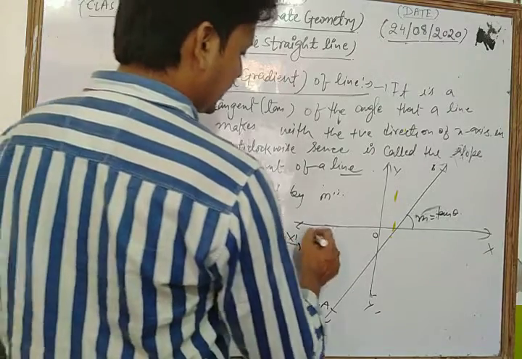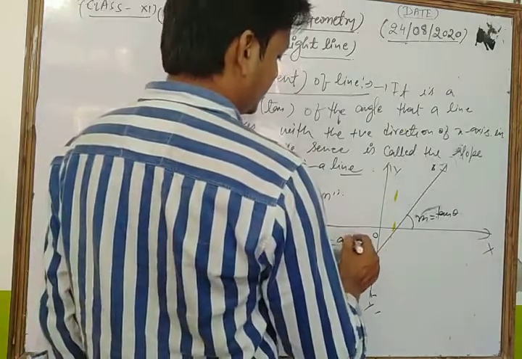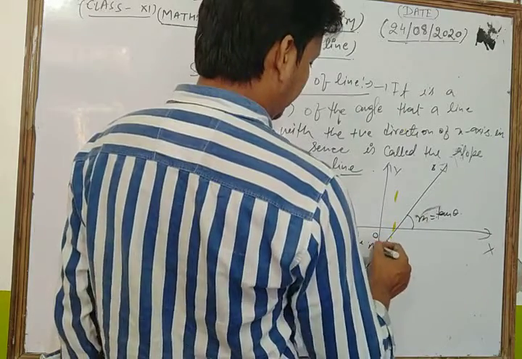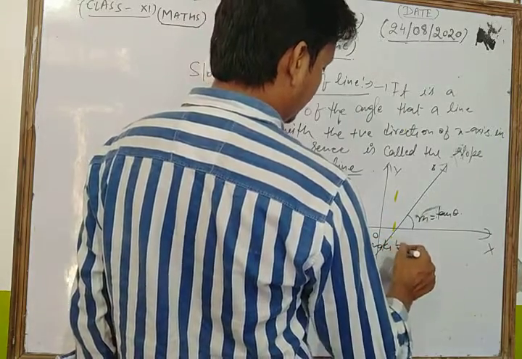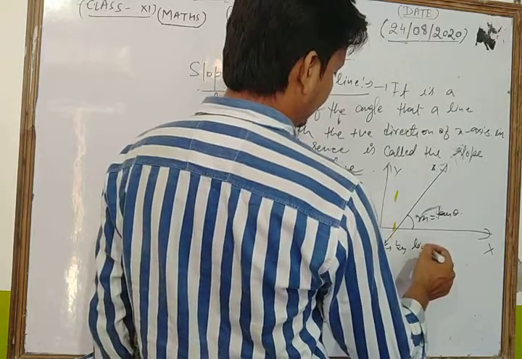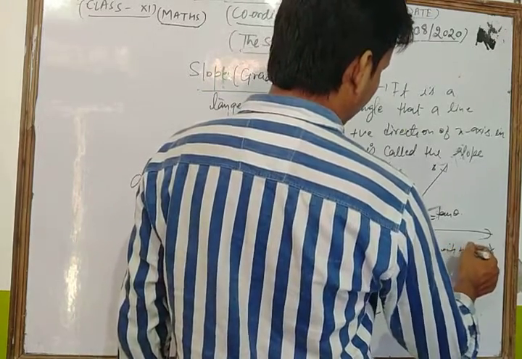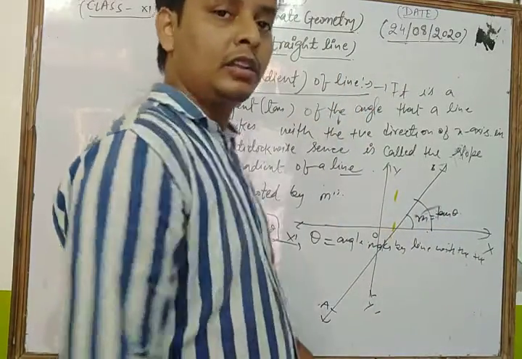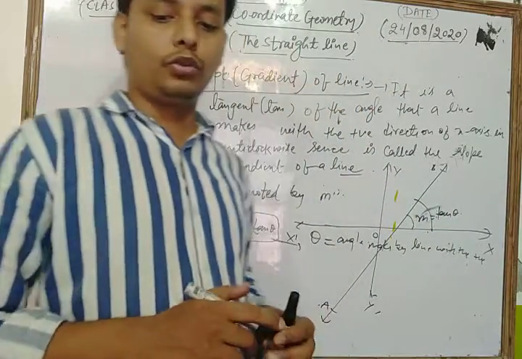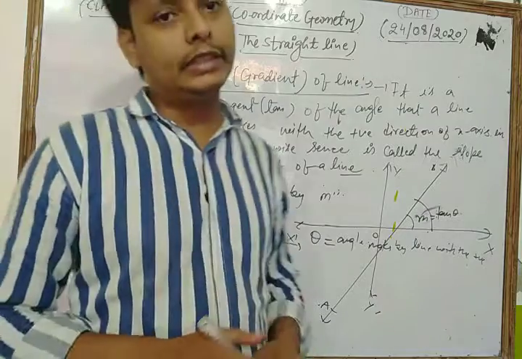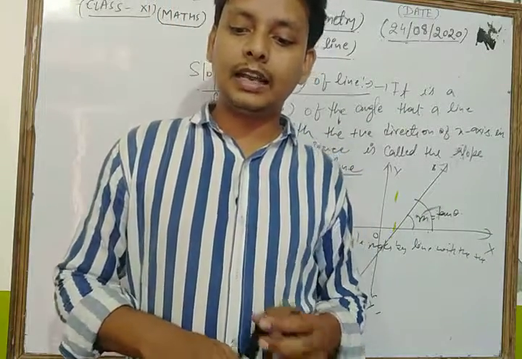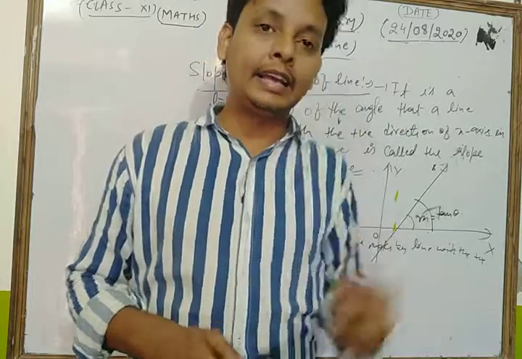Here theta is the angle made by the line with the positive direction of x. So we can say that m is equal to tan theta. Okay, dear students, a line parallel to the x-axis makes an angle 0.